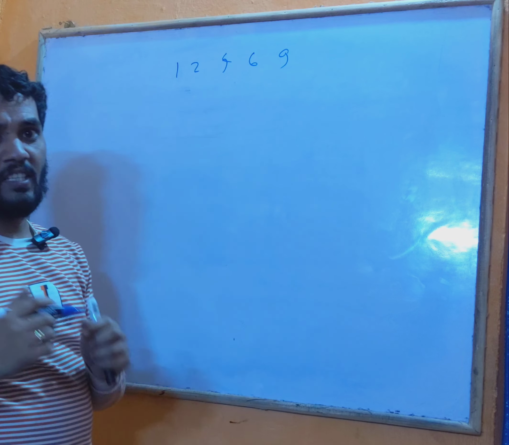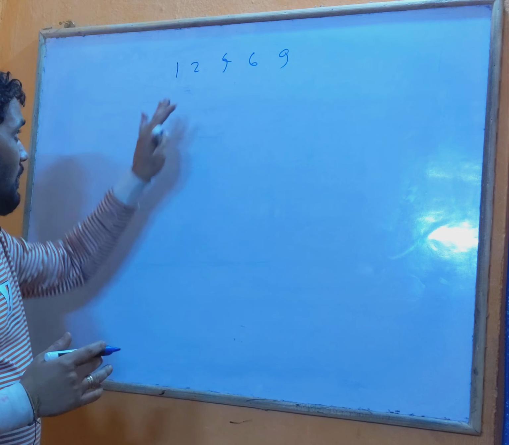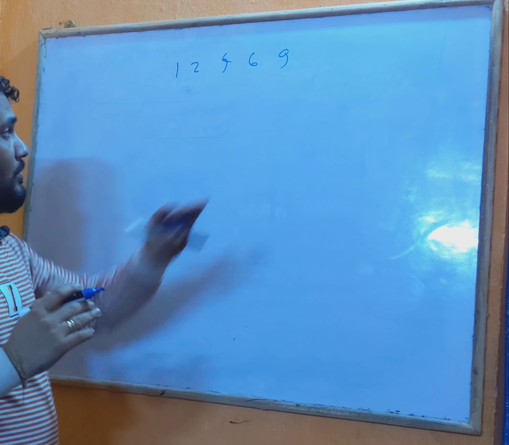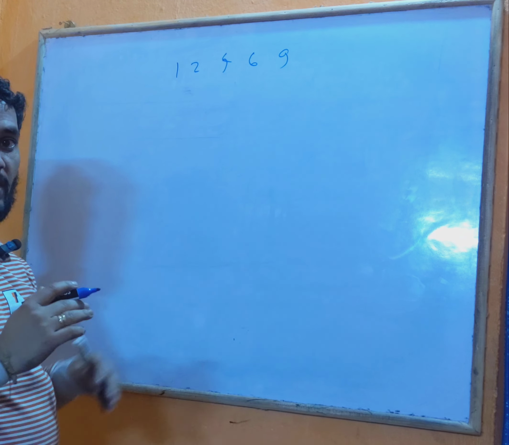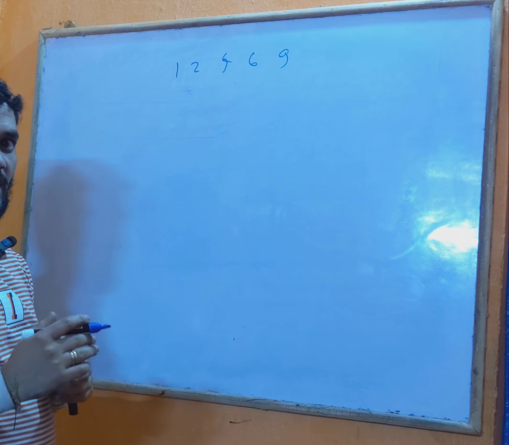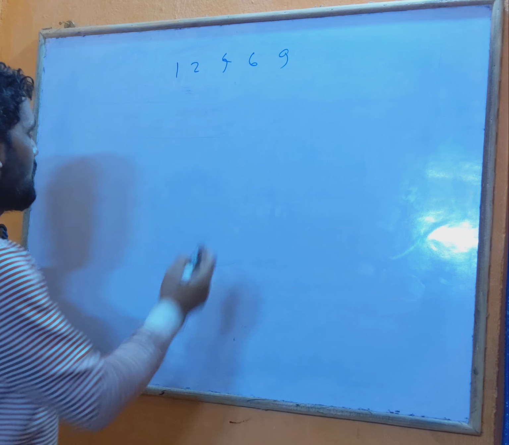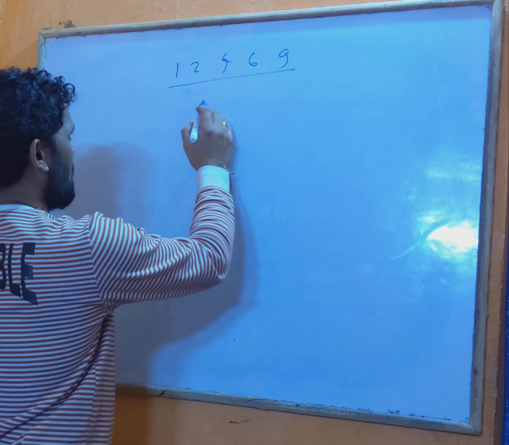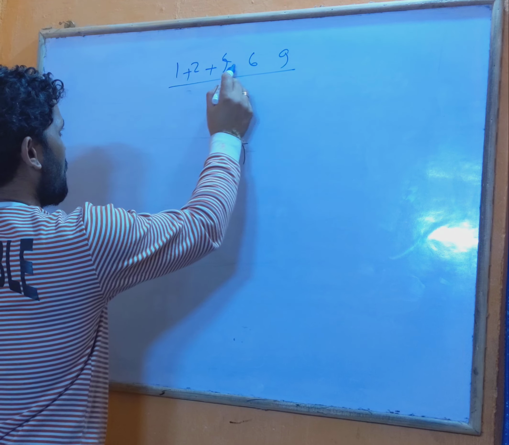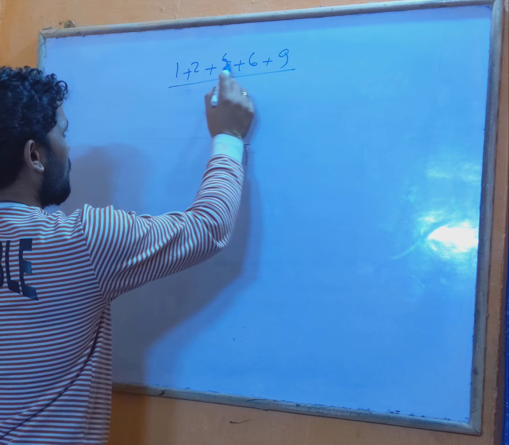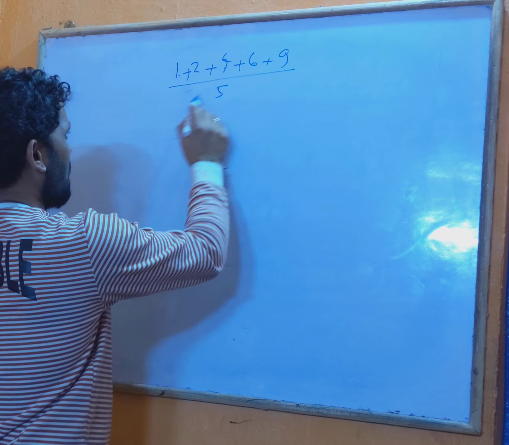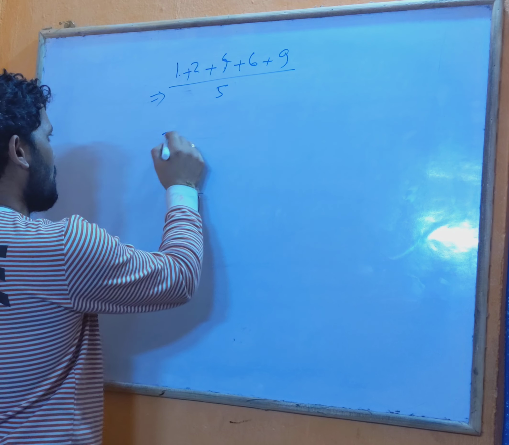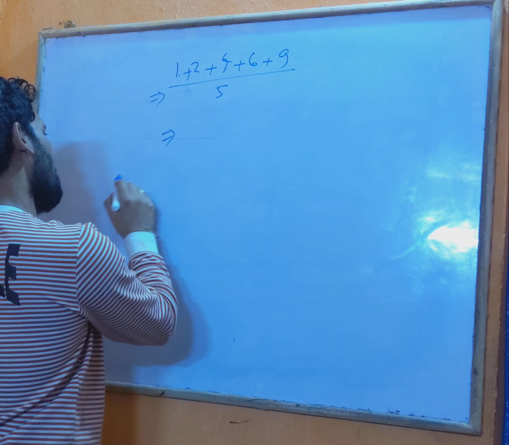The basic definition for mean: the sum of all observations divided by the number of observations is known as the mean. So basically the sum of all the observations, and the total number of observations is 5.